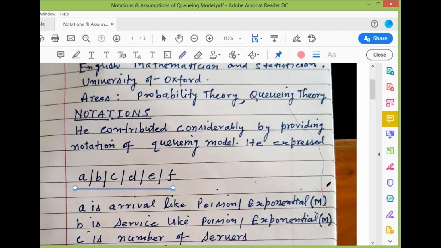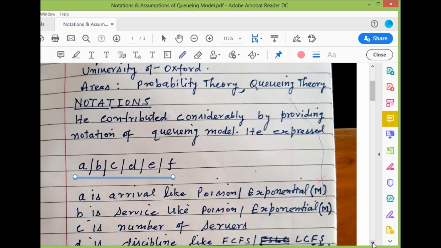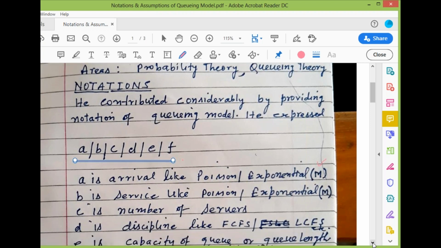But it is always represented in the literature by M, which means Markovian. B is service. For service, Poisson and exponential, we again simply write M, meaning Markovian.